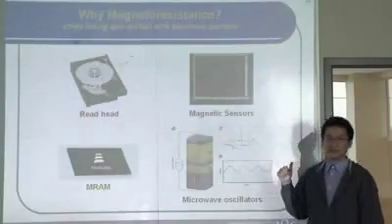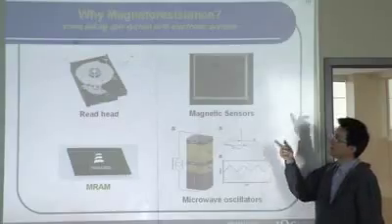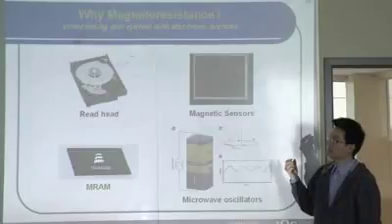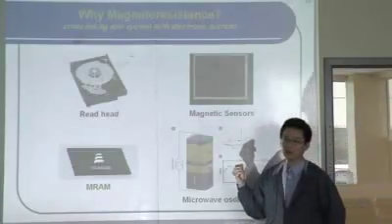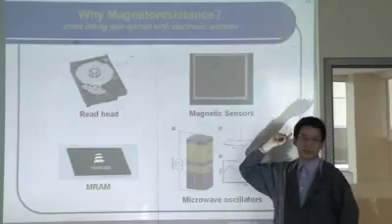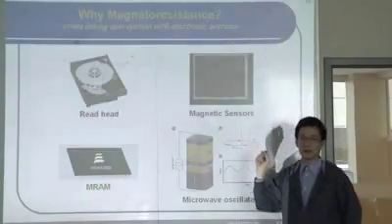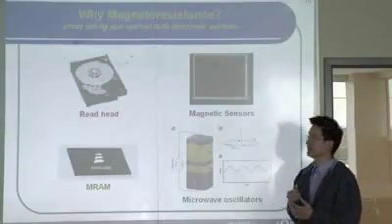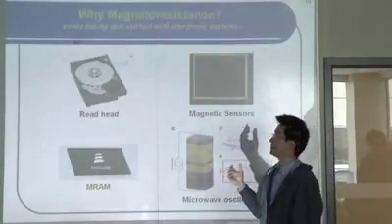So why are we interested in magnetoresistance? I put a few examples for its application. The importance is that magnetoresistance can directly convert spin information into electronic information. So it directly links these two worlds, the spin and the electronic world.